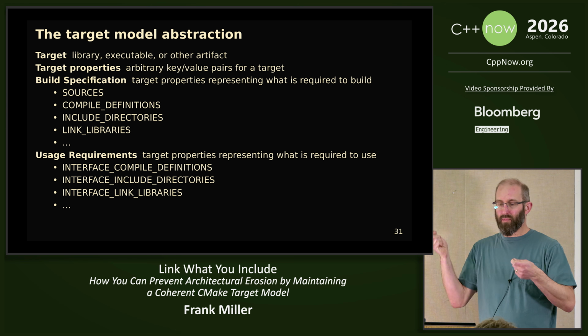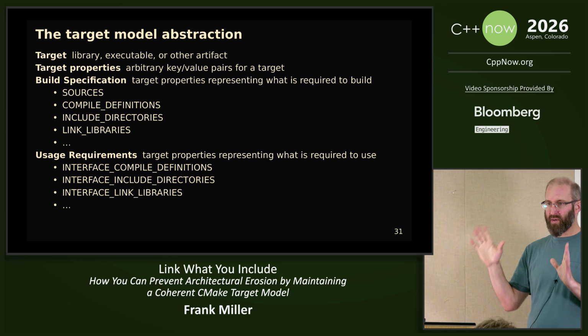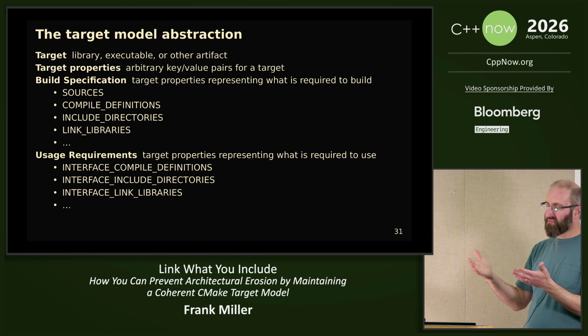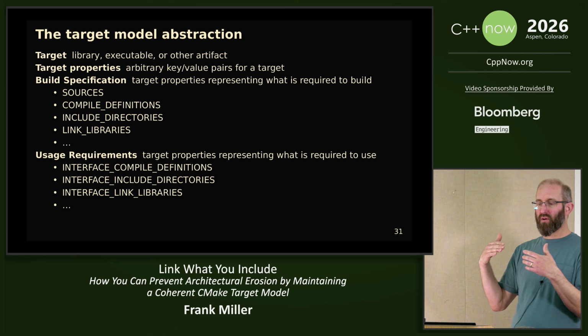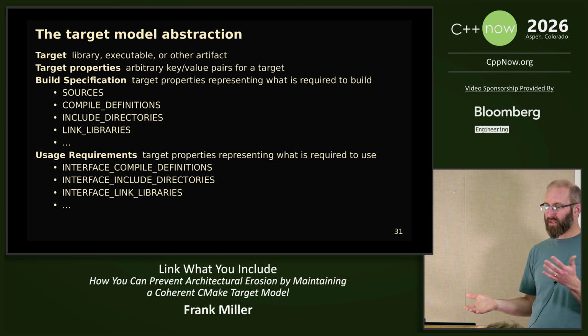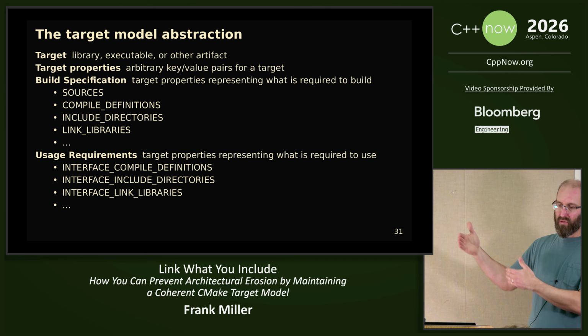We can make up our own and put whatever we want in there. But there are some that are predefined and that have special semantics. And they're broken up into two groups: build specification and usage requirements. The build specification is the set of things that you need in order to build the target, and the usage requirements are the set of things that you need in order to use the target. And they kind of mirror each other.